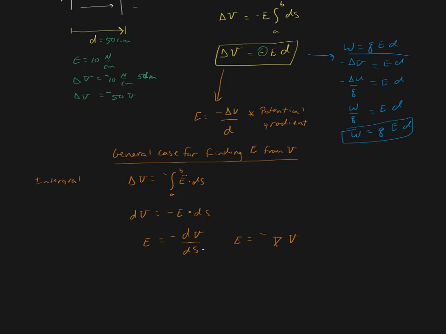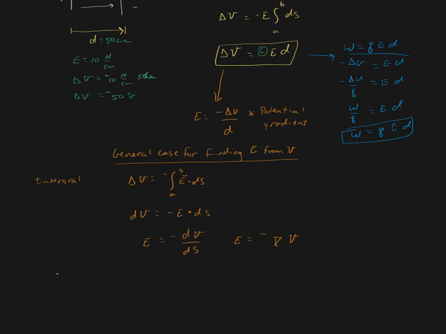Now, when it comes to understanding what we're doing here, making this relationship between the electric field and electric potential, it's helpful to imagine it like we have a topographic map. If the electric potential is changing in the negative direction, that basically means you're going downhill.